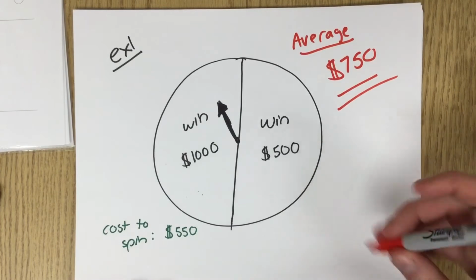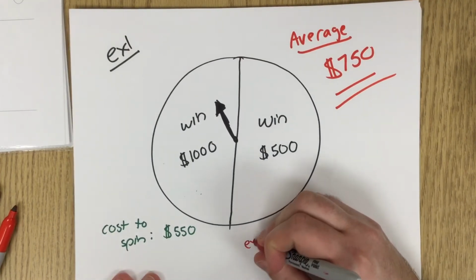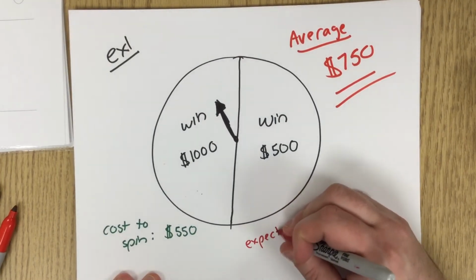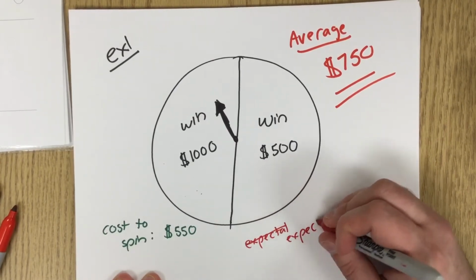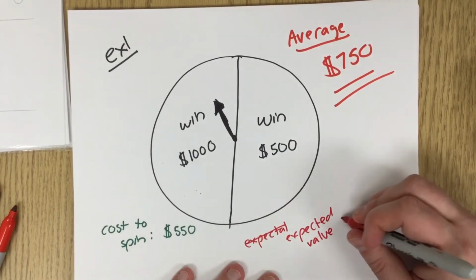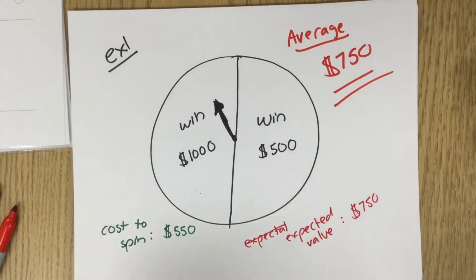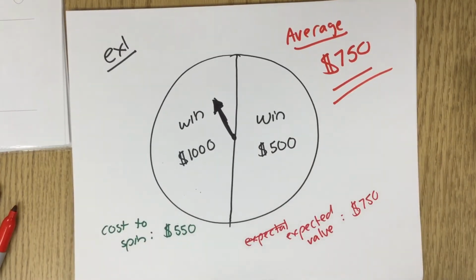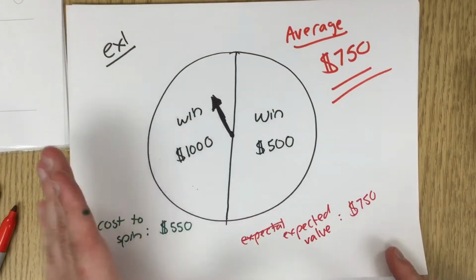So we'll say that the expected value of this wheel is going to be $750. It's never going to be $750, but we expect that it's going to be $750, which is more than $550, so worth spinning.